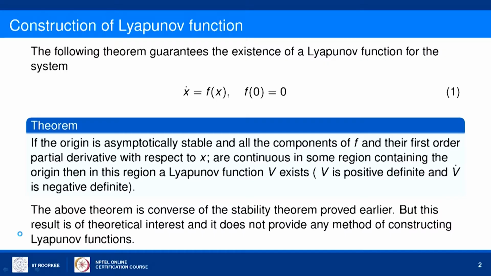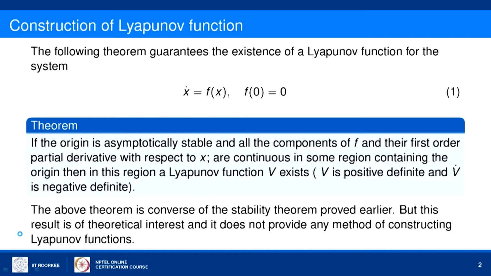Here, if the system is asymptotically stable at x equal to 0 and if the function f is sufficiently smooth, that is, f of x is continuous and the partial derivatives are continuous in a neighborhood of the origin, then there exists a Lyapunov function v.